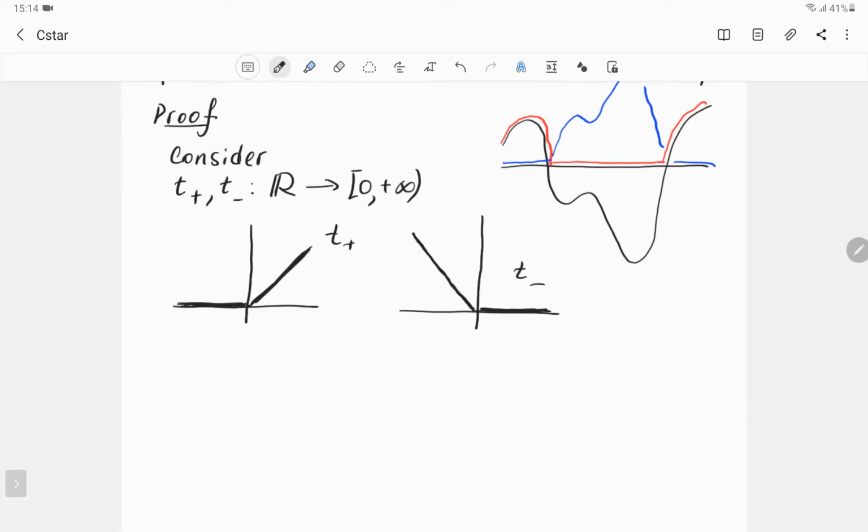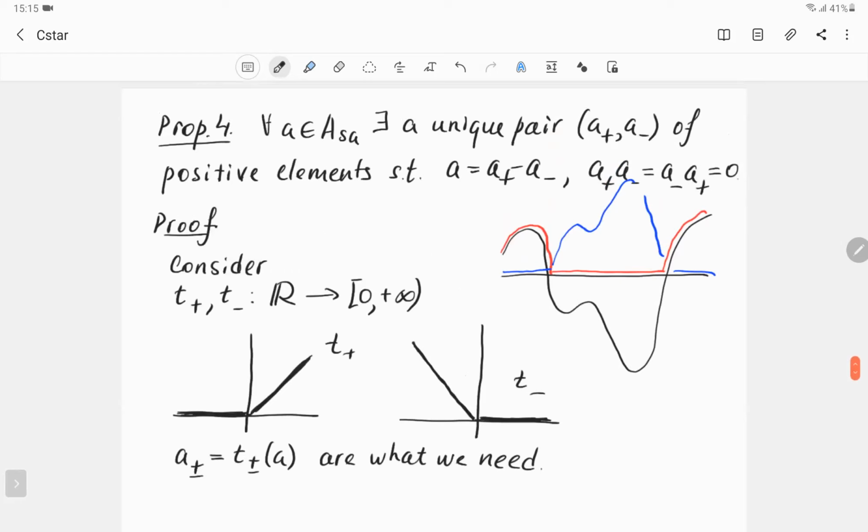And let's observe now that if we define A plus and A minus by the following formula, then these elements are exactly what we need. Well, indeed, they are positive because the functions T plus and T minus are positive. So A equals A plus minus A minus because T plus minus T minus is the identity function of the real line. And the product of A plus and A minus is 0 because the product of T plus and T minus is 0.